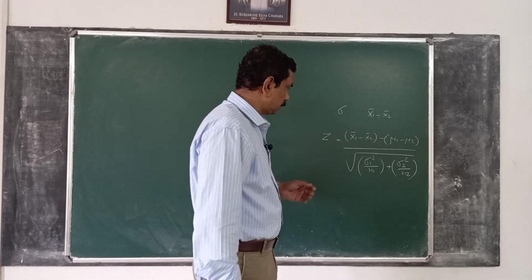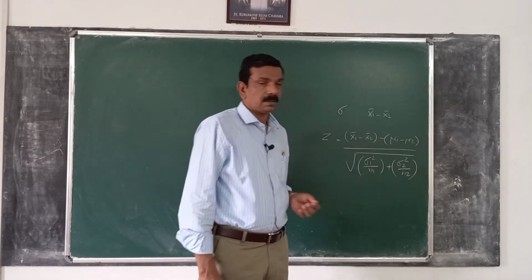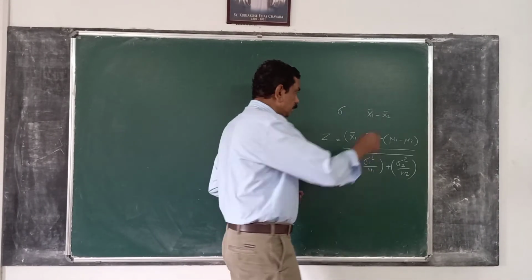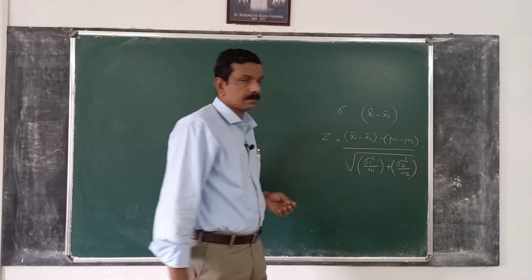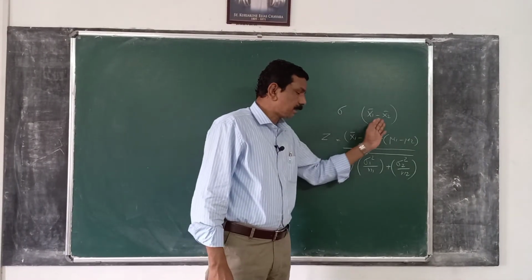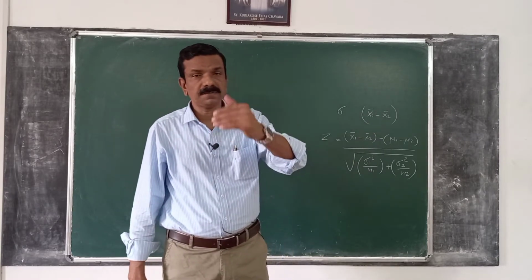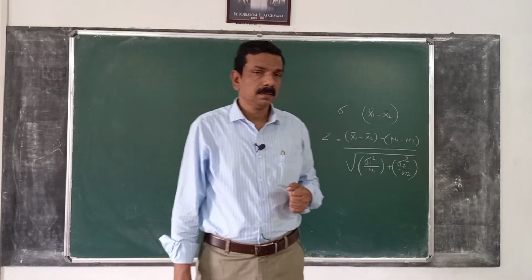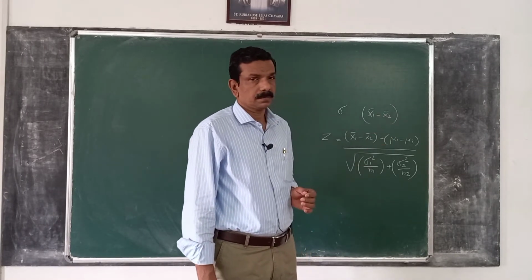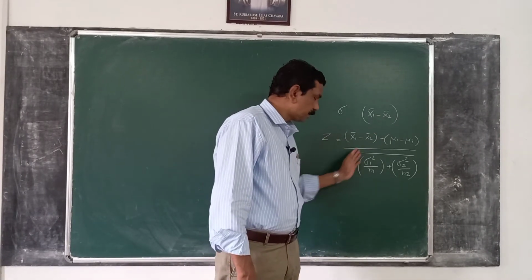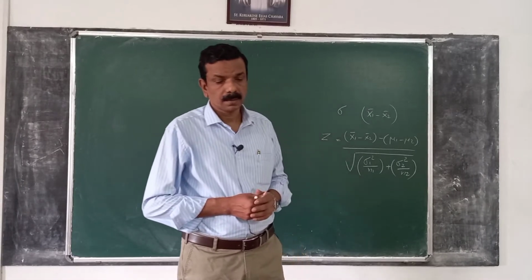This is the standardized version of the sampling distribution of x bar 1 minus x bar 2, when we compare the means of two populations.